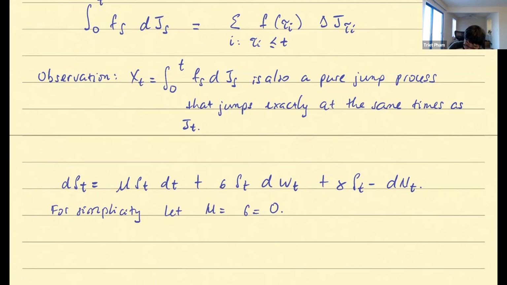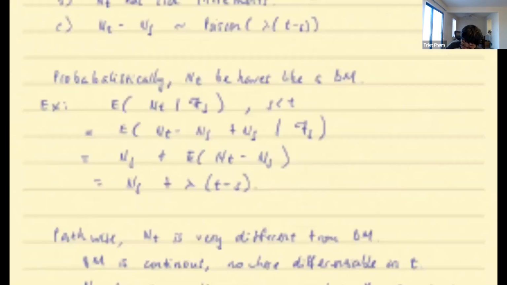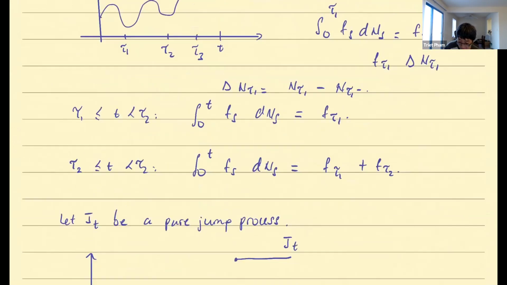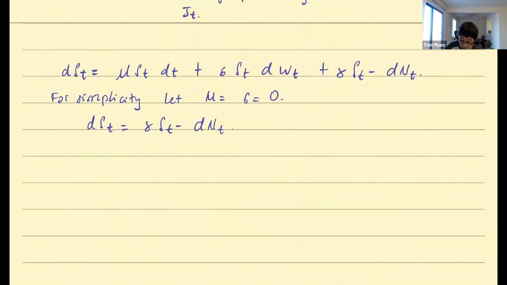So in other words, let's look at this. First of all, you should recognize that this is an equation. You can call it a differential equation, if you will. It's just not differential in dt.